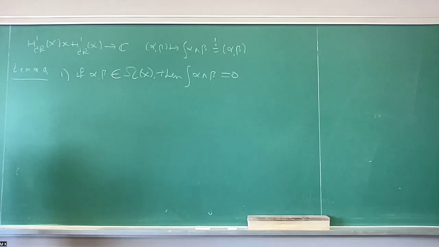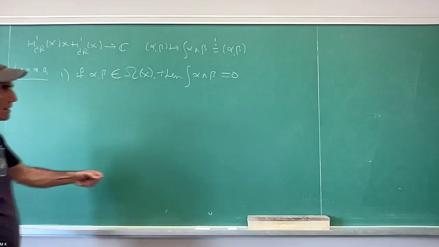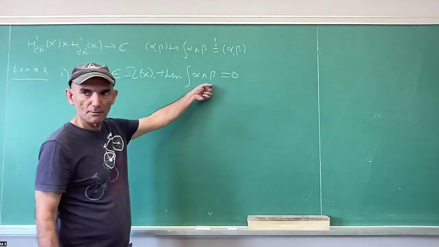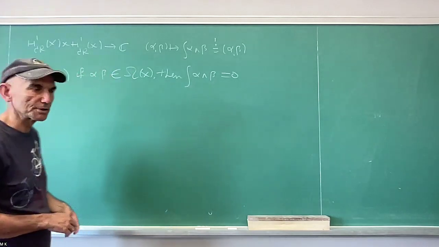So the way that these holomorphic one forms sit inside this cohomology is kind of special. This inner product is 0.